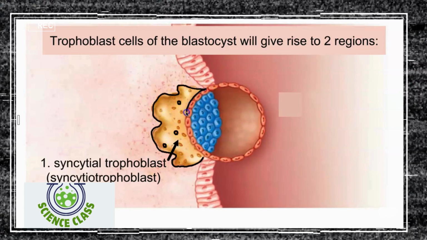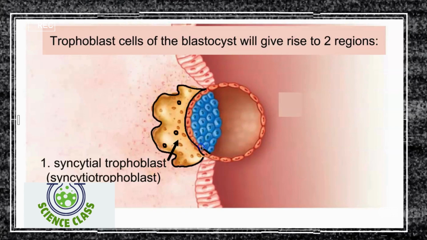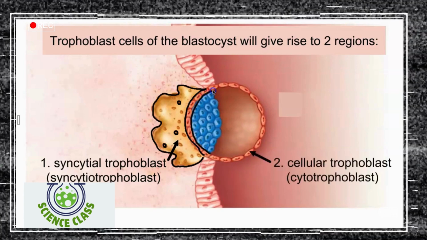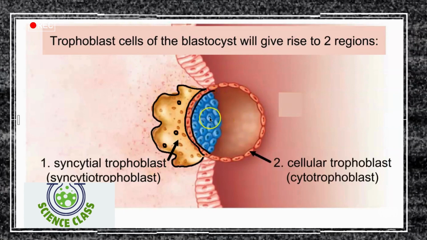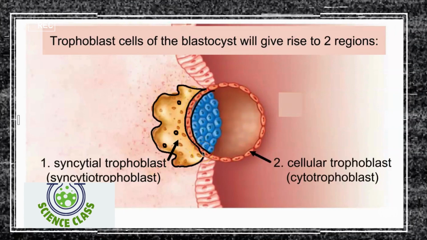At the same time, there remains a layer of individual trophoblast cells that retain their cell boundaries that surround the hollow cavity, the blastocyst cavity, and the inner cell mass, and that region is known as the cellular or the cytotrophoblast.